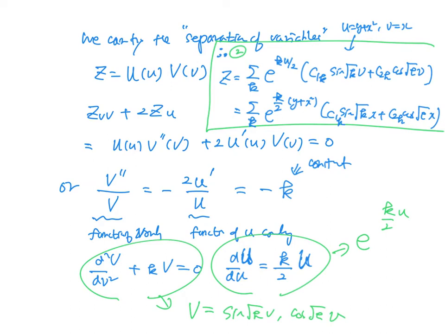And this constant can be determined by some suitable conditions, initial conditions or boundary conditions. So later, k will be determined by some condition.